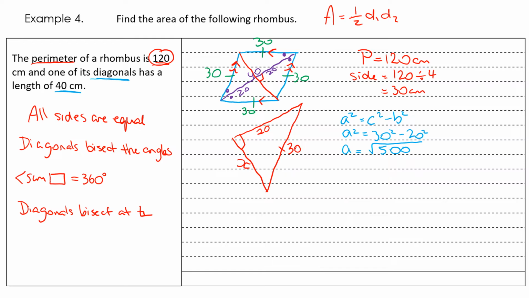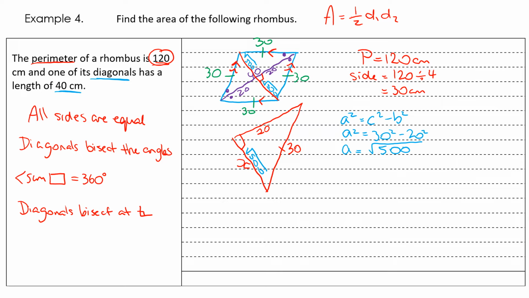So we're going to leave it as the square root of 500. So that means this length here, x, is the square root of 500. And we have two of those, don't we? Okay, I hope my diagram's not getting too messy.